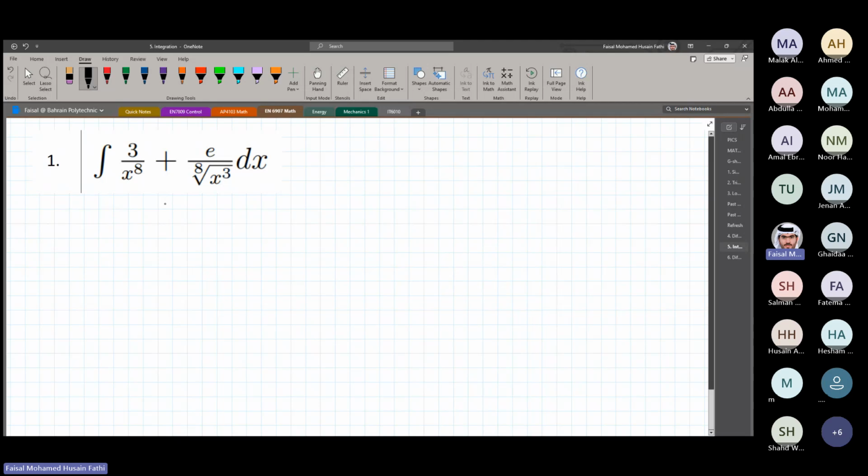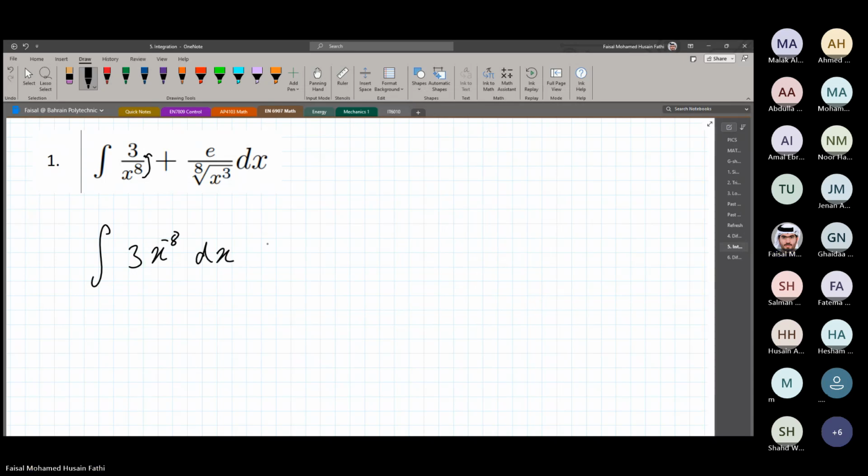We have this integration: 3 over x to the power 8 plus e over the 8th root of x cubed. In other words, if we rewrite this, it is the same as the integration of 3 x to the power minus 8. All I did was take this to the numerator because it was in the denominator, and added the minus, dx, plus the integration of e x to the power of minus 3 over 8.